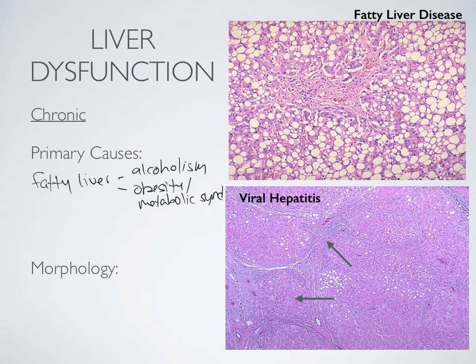Alcoholism used to be the main cause of fatty liver disease. Now, obesity is on the rise in the United States and around the world. That has taken over as the most common cause of fatty liver.